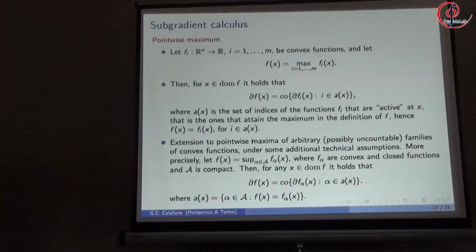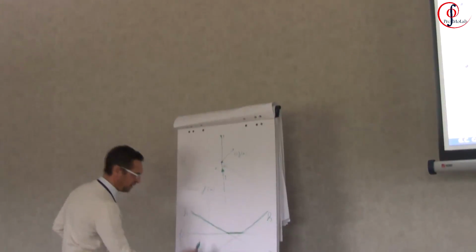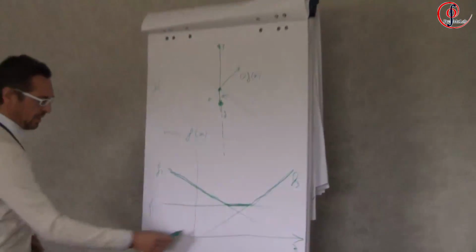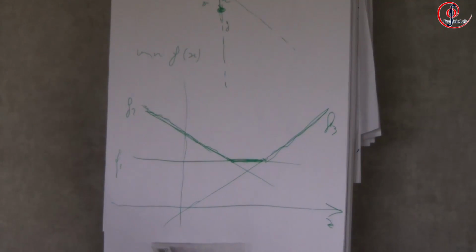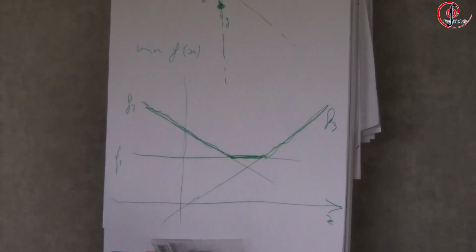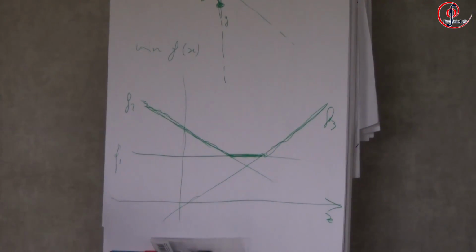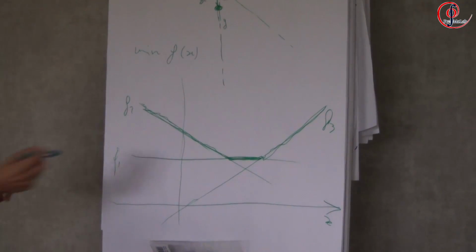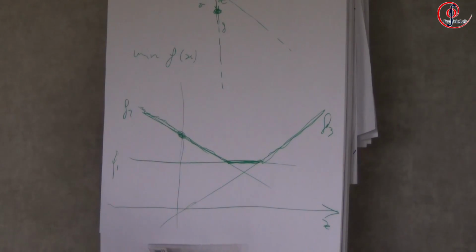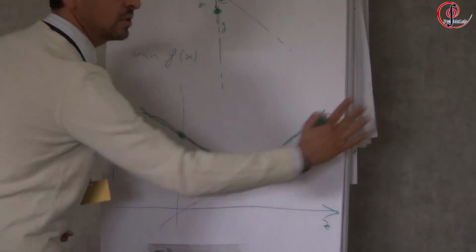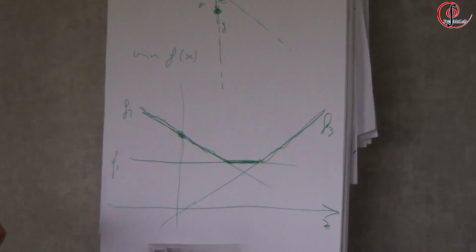For instance, here, if this is the x-axis, and we take a point like this point here, x, we have these three functions, with the active function here. There are three functions, but two of them are not active. The only active function is f2 in this case. So the active set changes with x.